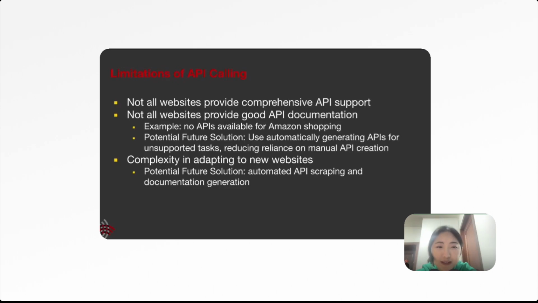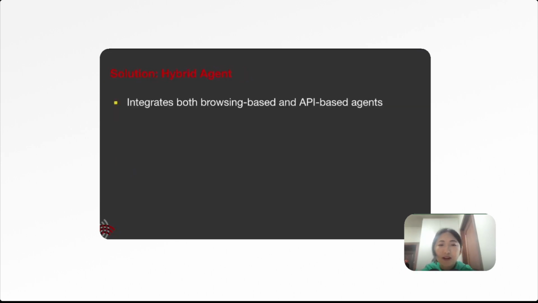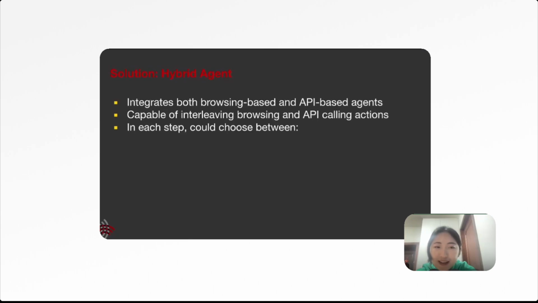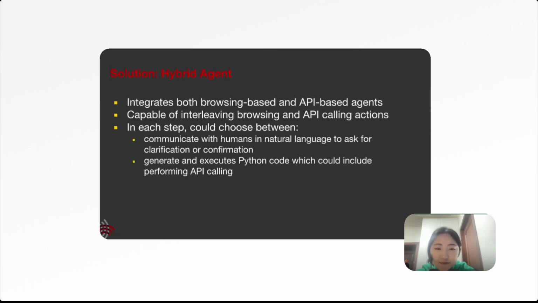Another solution to this limitation of API calling is a hybrid agent that integrates both browsing-based and API-based agents and is capable of interleaving browsing and API calling actions. In each step, the hybrid agent could choose between communicating with humans in natural language to ask for clarification or confirmation, generating and executing Python code, which could include performing API calling, and performing web browsing actions.